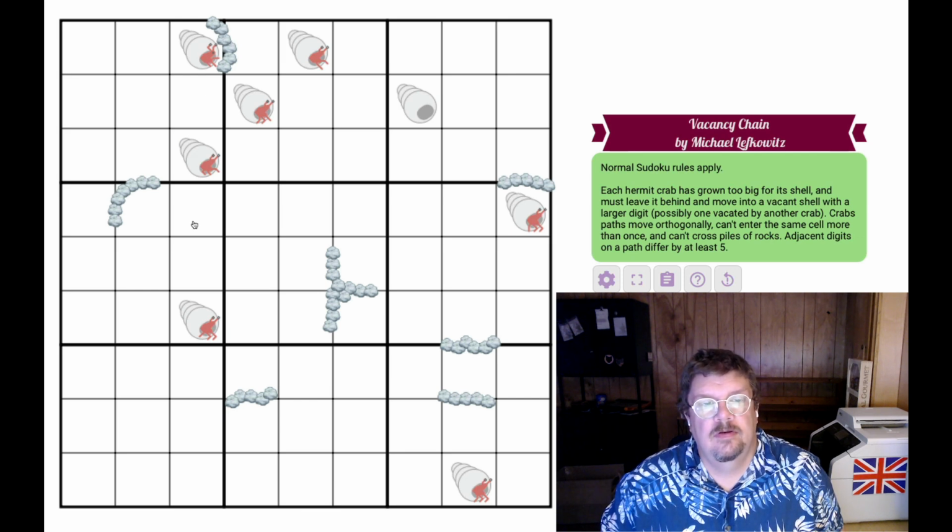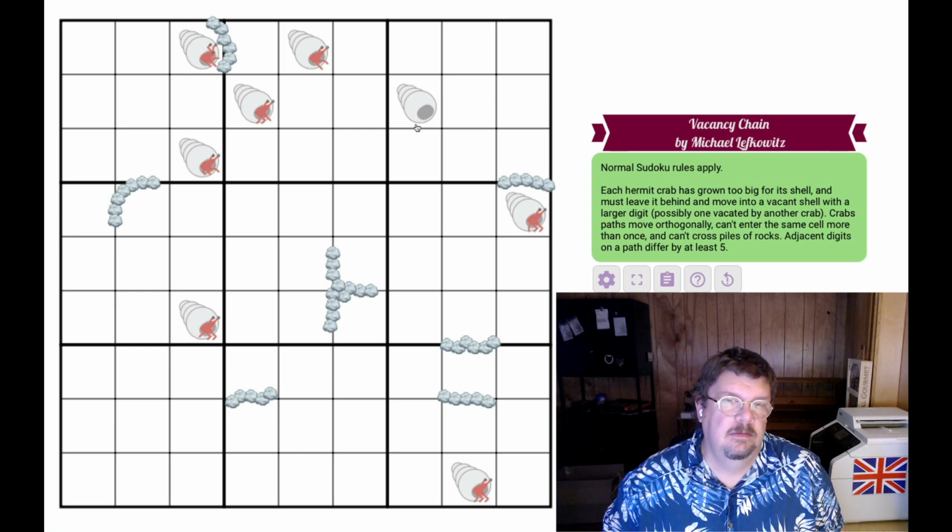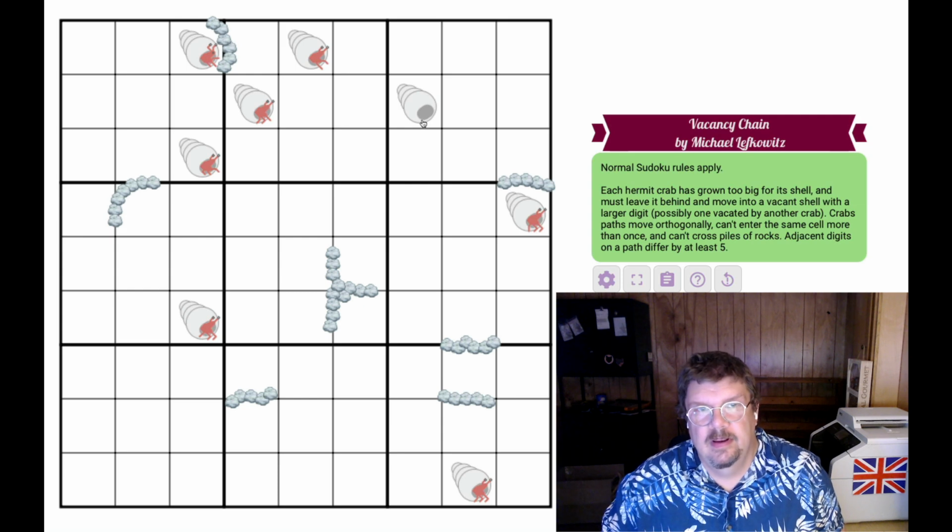Okay, we have 1, 2, 3, 4, 5, 6, 7, 8 shells and 7 crabs. So because we've only got one empty shell, one of the crabs is clearly going to move into it. That's going to vacate its shell, and then some other crab will have moved into the shell that got vacated.